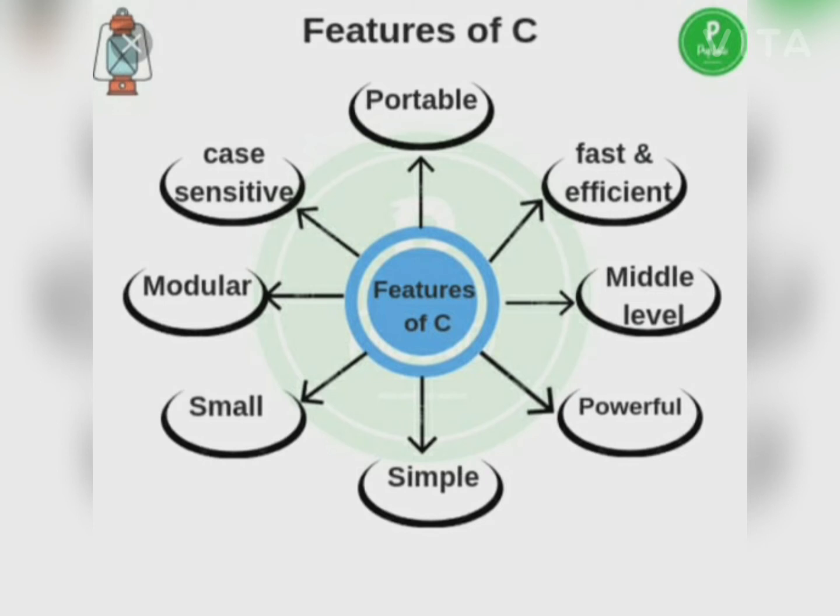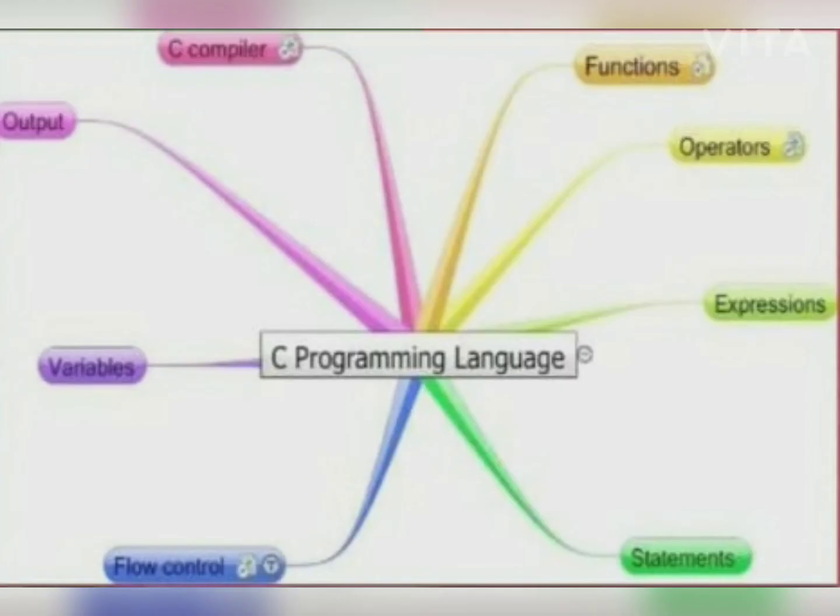Having these features, C is made very special. C language is very strong and effective, being comprised of these components. The components are functions, operators, expressions, statements, flowchart, variables, output, and the translator called the compiler. All these components will be taught as a part of C programming.